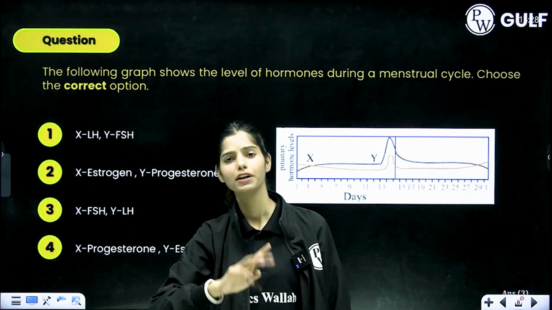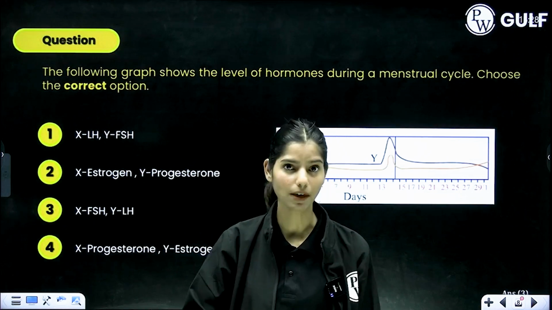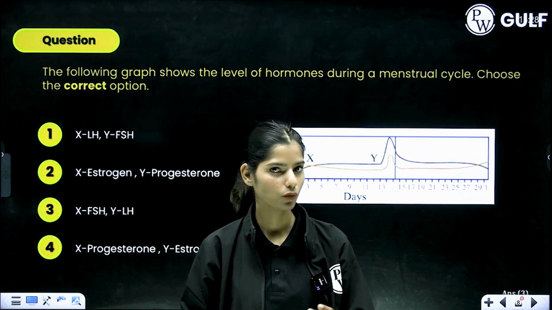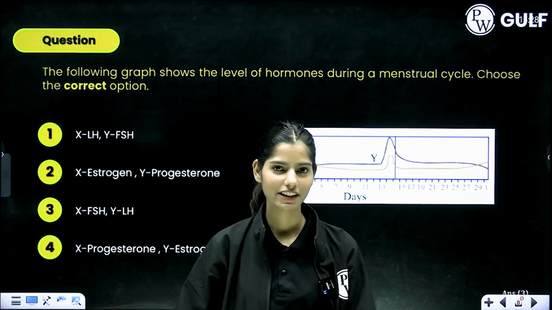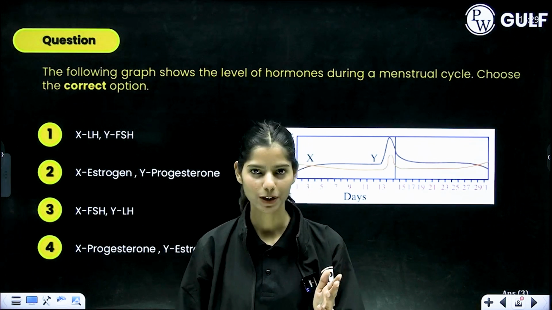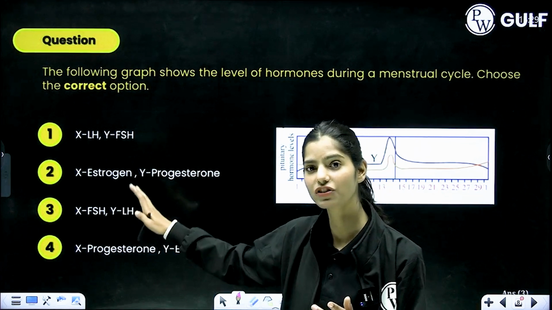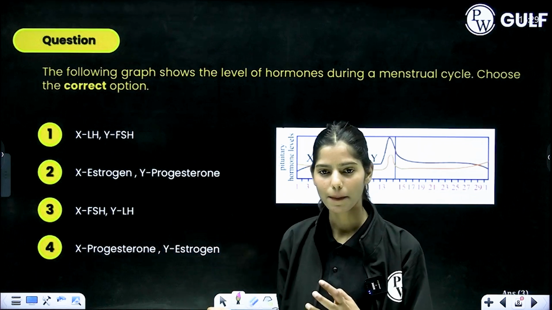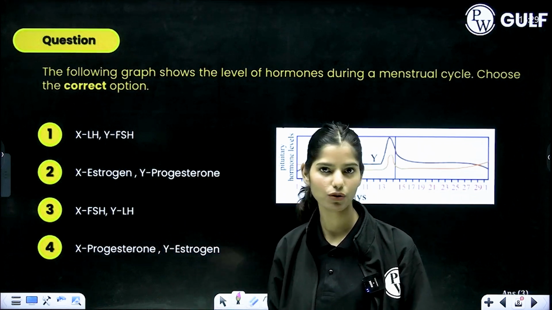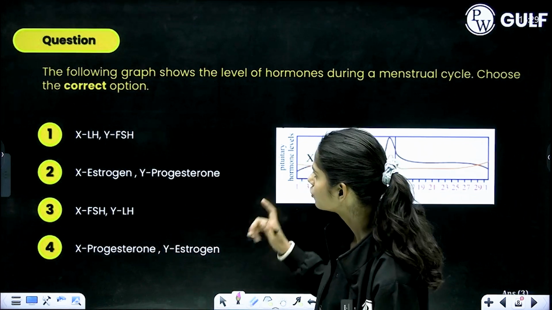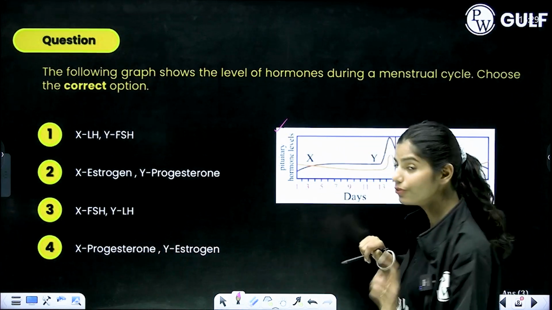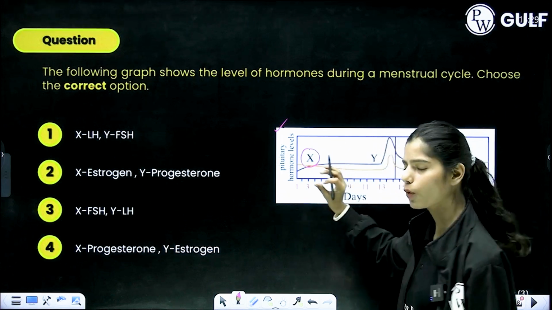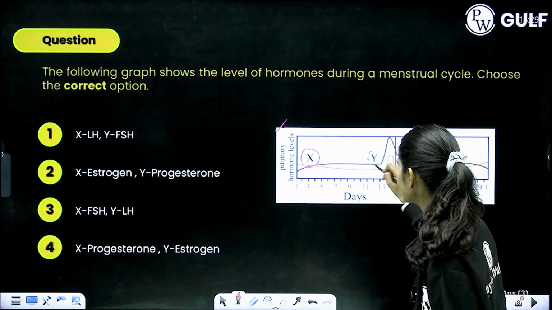Question from the human reproduction chapter again. Guys, I have already told you that this chapter is very important, and you see one after the other we have all the diagrams from this chapter. This diagram shows how the hormones elevate and then decline throughout the menstrual cycle. You need to remember it. You have to see this diagram and mark what exactly X amplifies and what exactly Y amplifies.